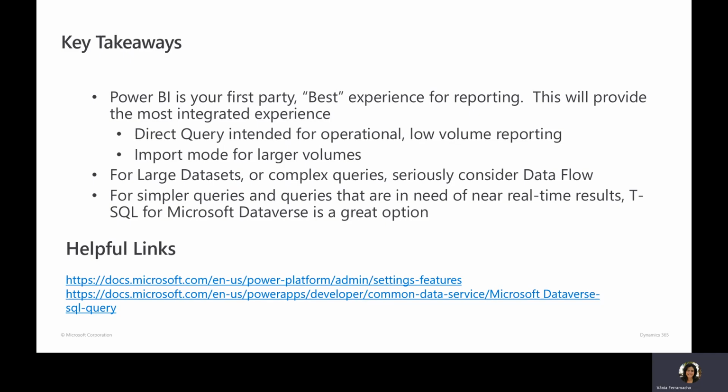For simple queries and queries that need near real-time results, we strongly recommend you try our new feature, T-SQL for Microsoft Dataverse. I have here a couple of helpful links that describe a little more about T-SQL, how you can connect, and some examples to use inside Power BI and Management Studio.